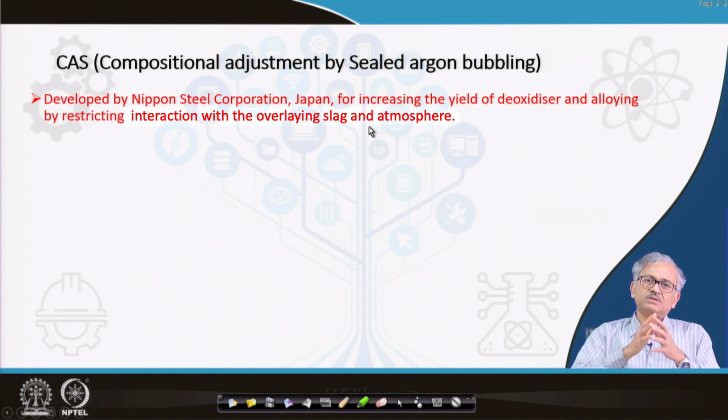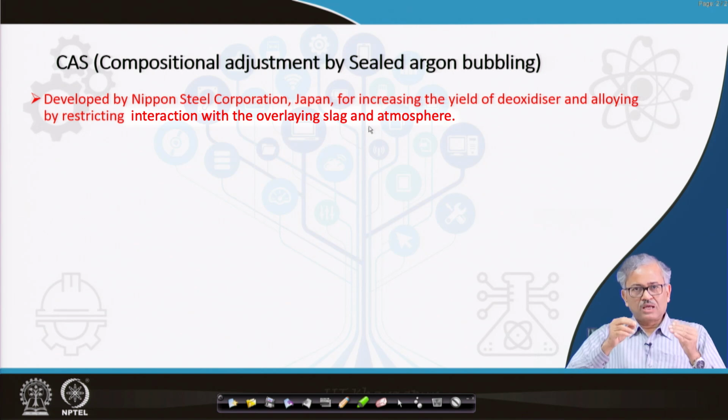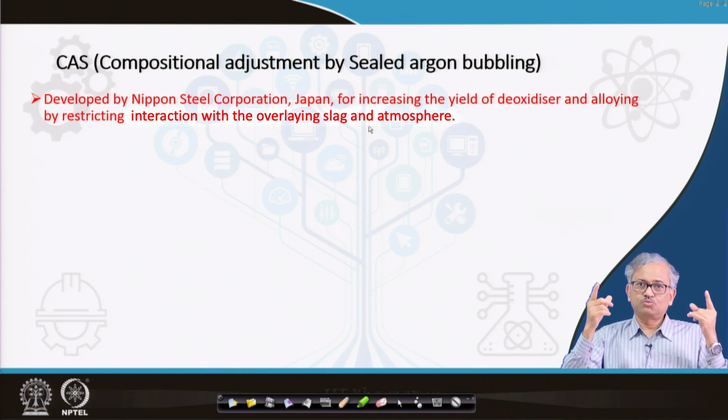What it basically does is that in the ladle you do the alloying and the deoxidizer, but with some modification. You insert a snorkel, a high alumina refractory lined snorkel, into the slag eye, such that the slag eye gets detached from the slag as well as the atmosphere.